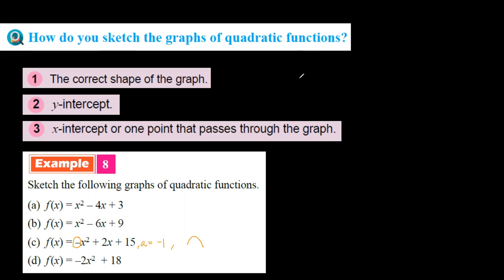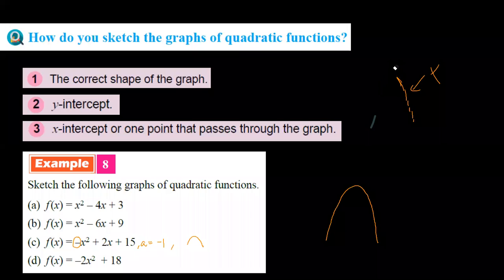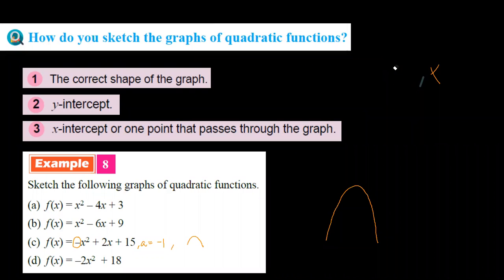If you draw wrongly, use an eraser, erase it and draw again. Okay, like that. Must be freehand and one shot. Okay, don't sketch like you are sketching a picture. Do not do this. So it is a crying graph.